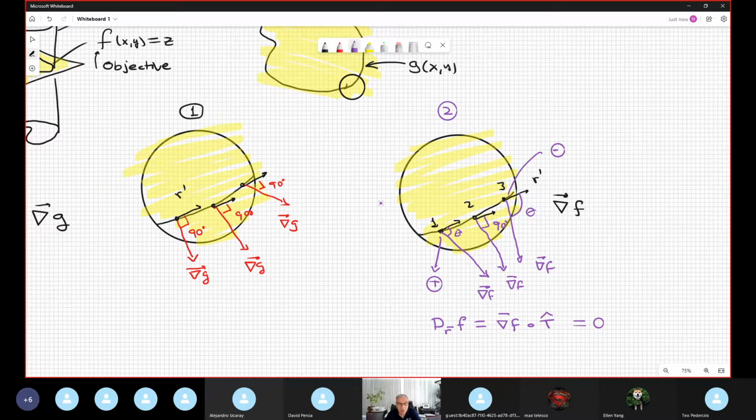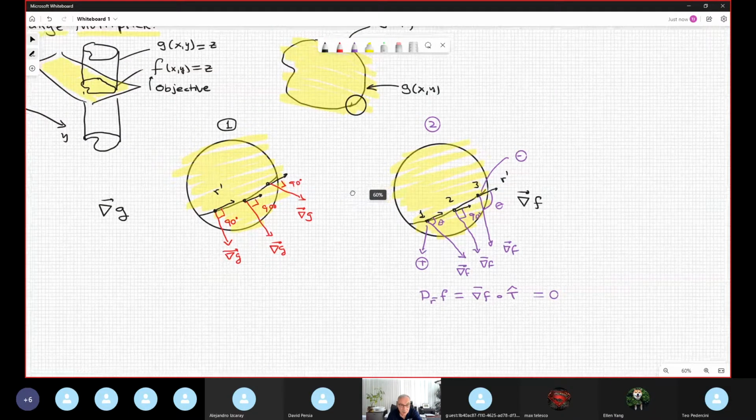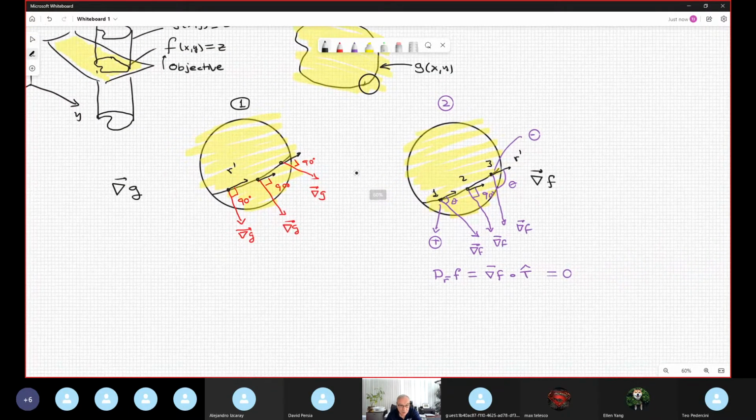So in other words, the formula that Lagrange discovered was: the gradient of the function is parallel to the gradient of the constraint. Cool. And how do you translate it to an equation? Well, if they are parallel, they are proportional. So the formula is the gradient of the function equals lambda times the gradient of g.